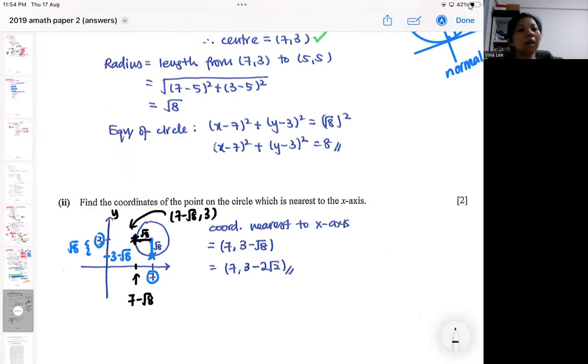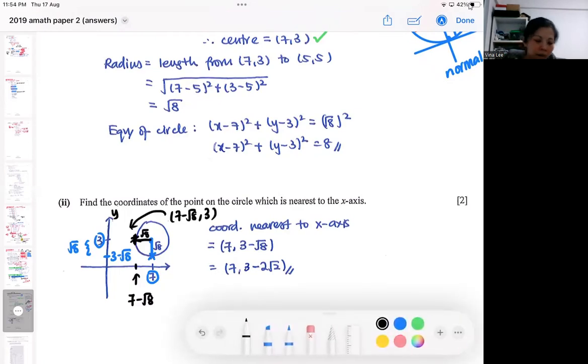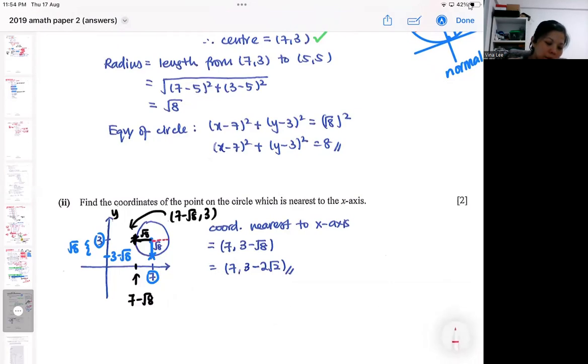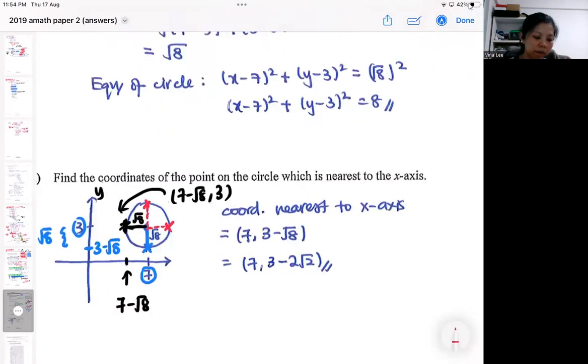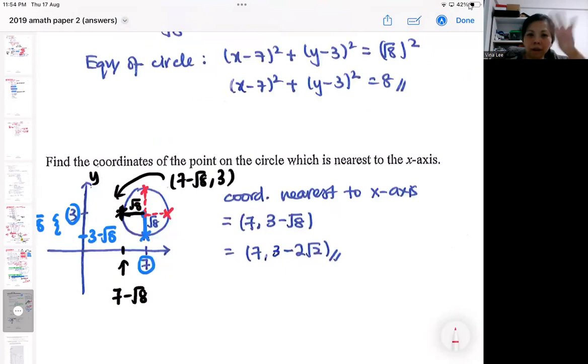In the same way, they can ask for the coordinate nearest to the x-axis, nearest to the y-axis, or even furthest away from the y-axis or the x-axis. That means the 4 corners of the circle. With the center and radius, you can play around with the 4 corners of the circle. So make sure you can get the coordinates of the 4 corners, because they will ask differently.